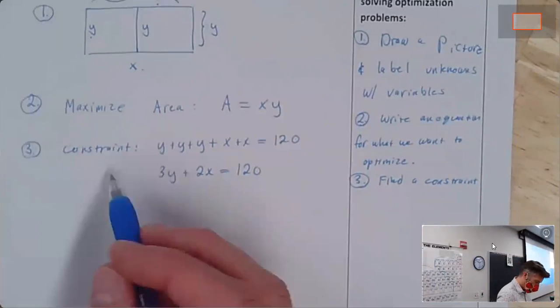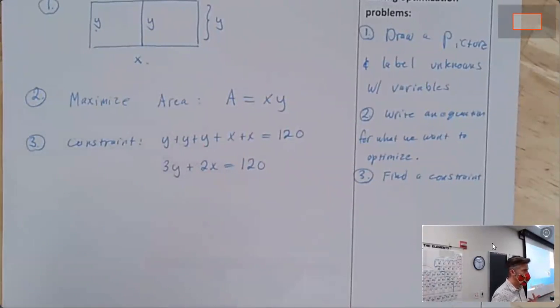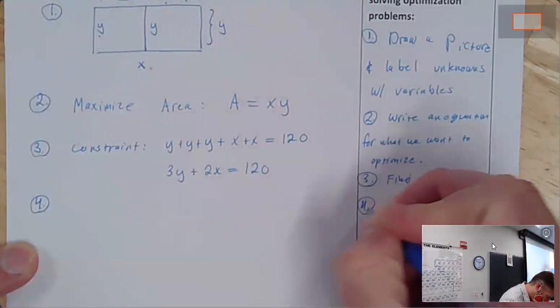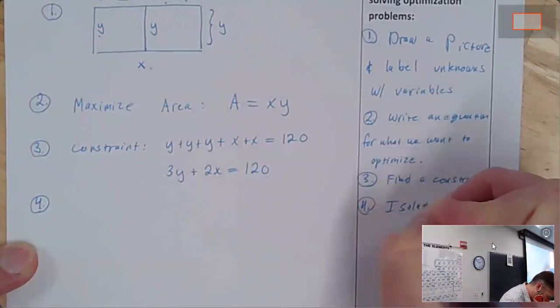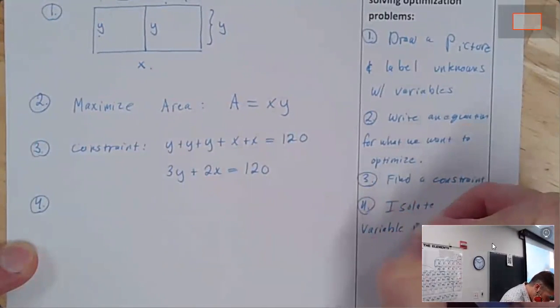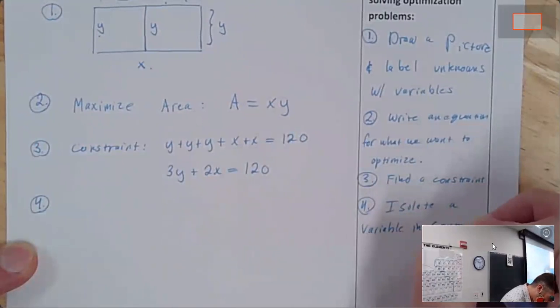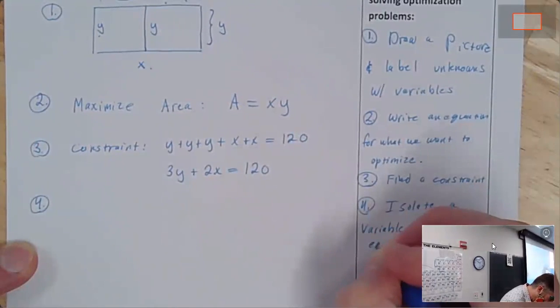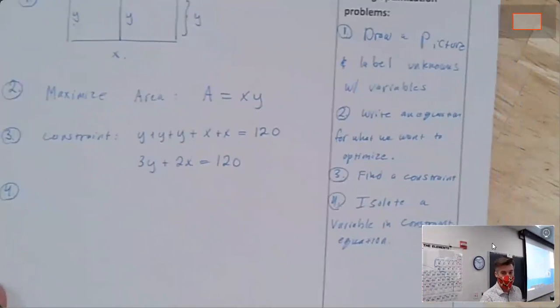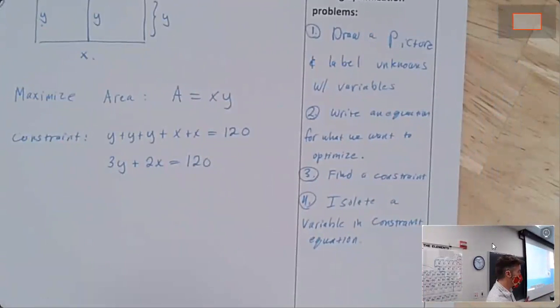Yeah, we have a constraint, and then the next step is going to be to solve for one of the variables. Or if you prefer, we can say isolate one of the variables in the constraint. Sometimes it will be really obvious which one is easier to solve for, or which one is easier to plug back in for into the area equation, because that's what we're going to do.